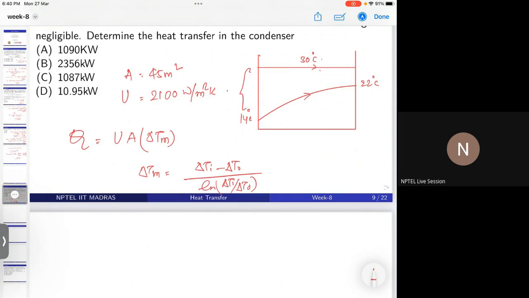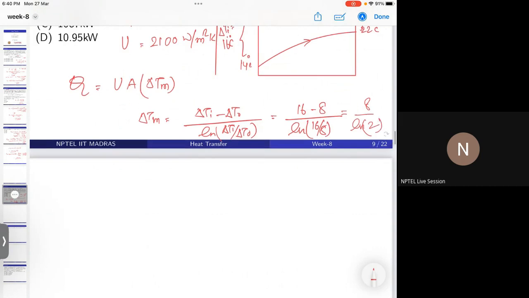Delta Ti is 16 degrees Celsius, and delta To is 8 degrees Celsius. So 16 minus 8 divided by Ln 16 by 8 is 8 by Ln 2. Am I right? Yes, sir. What is the answer?